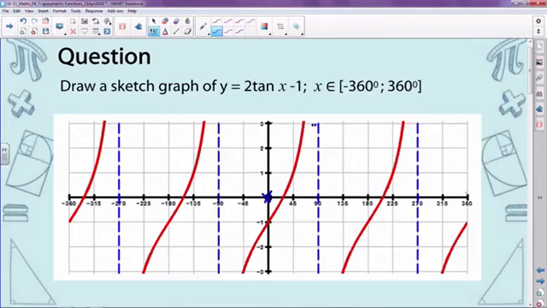So your graph should be looking like this. And this side should be cutting there. Now, it's now up to 2, so it's 2 tan x minus 1, and then you're pulling it down 1 unit. So you get that graph, which is represented by the red here.